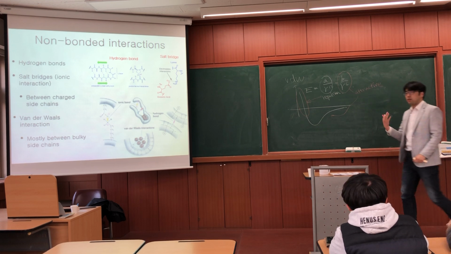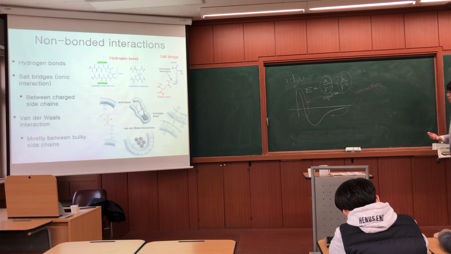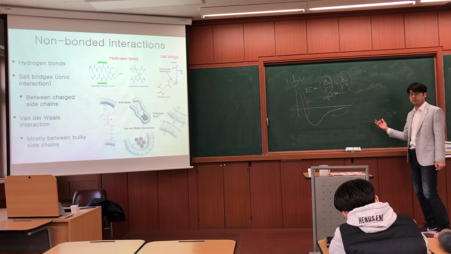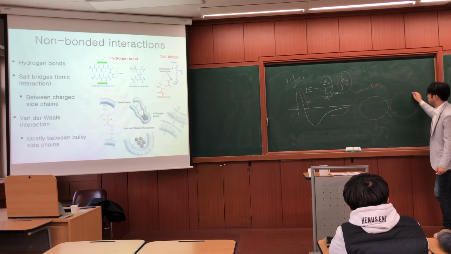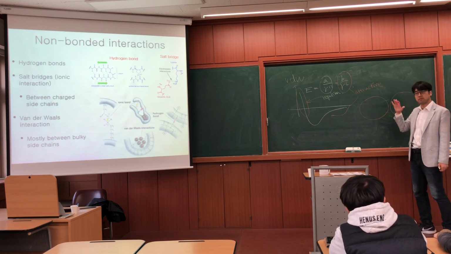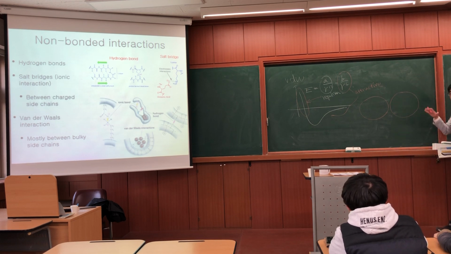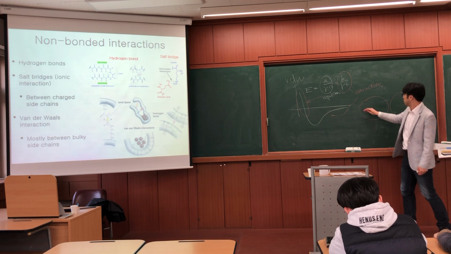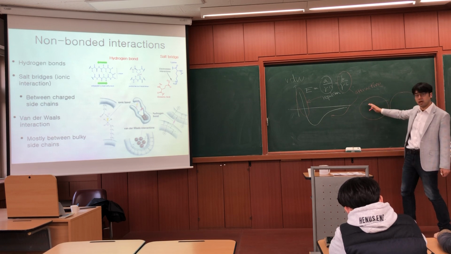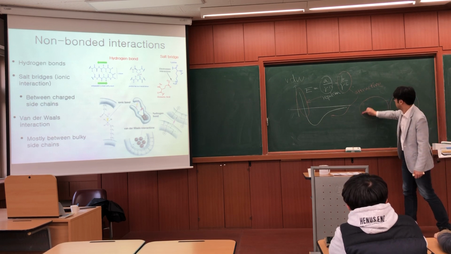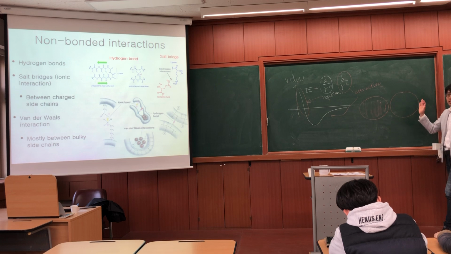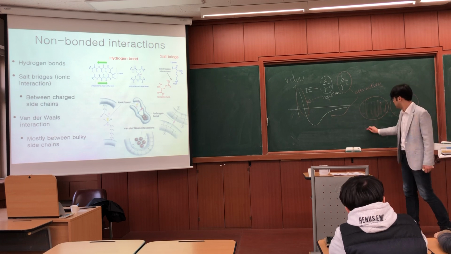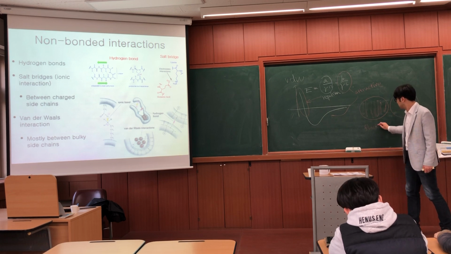And you may have already learned about the origin of the van der Waals interaction, right? The van der Waals interactions are mainly caused by the fluctuation of electron clouds, the electron density. Although one molecule is non-polar, it still has electron density, and electron density is not actually static. It fluctuates.